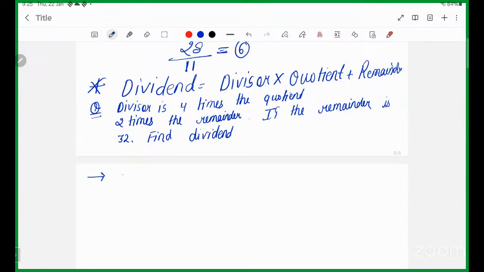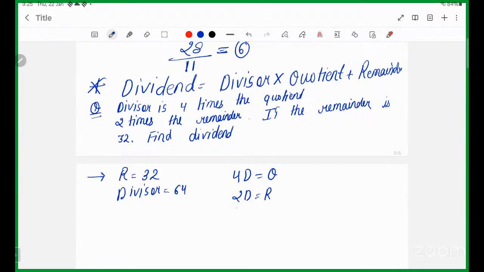So here the remainder is 32. And it is said that the quotient is 2 times the remainder, and the divisor is 4 times the quotient. So the divisor will be 64.